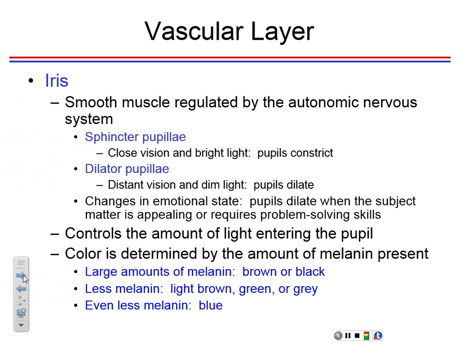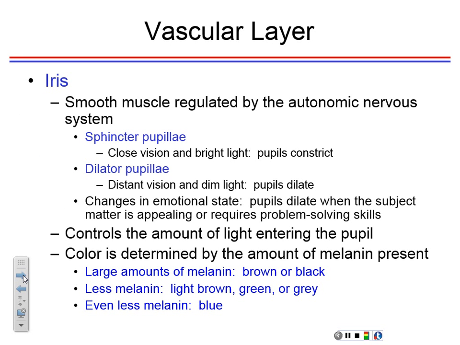Continuing. The iris now, which is the curtain of the eye, has two muscles. Remember I said the radial muscles that radiate outside? Those are the dilator pupillae, because they dilate the pupil. They open it up. The circular muscles are the constrictor muscles, sphincter pupillae, because they will constrict the pupil.